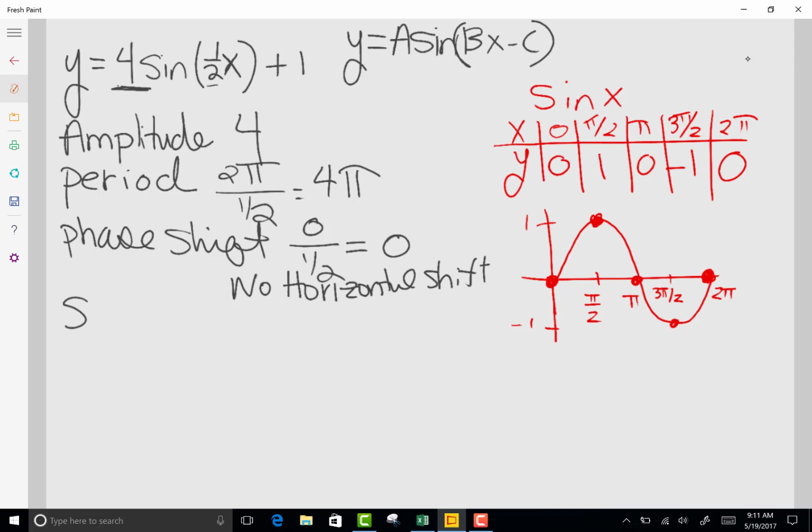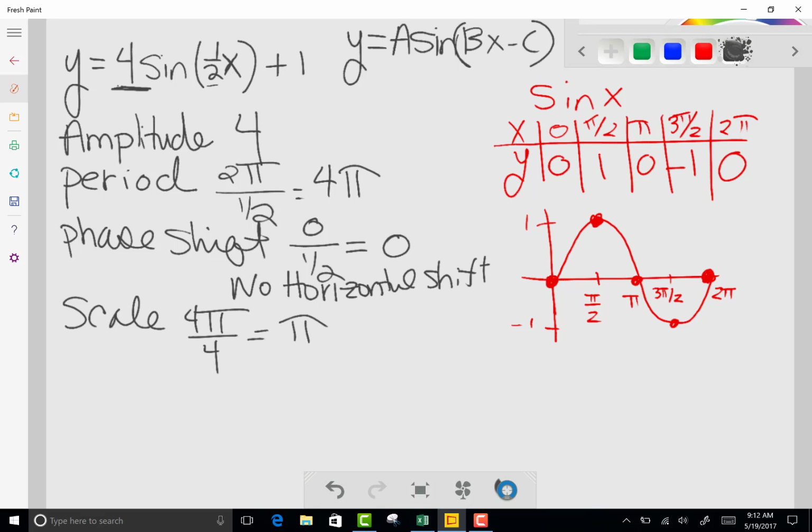Okay, the last thing is to scale. To find my key points, I want to break up the entire length of my period into 4 equal chunks. So the length of my period is 4 pi, and I want to divide that into 4 equal chunks. So that's pi.